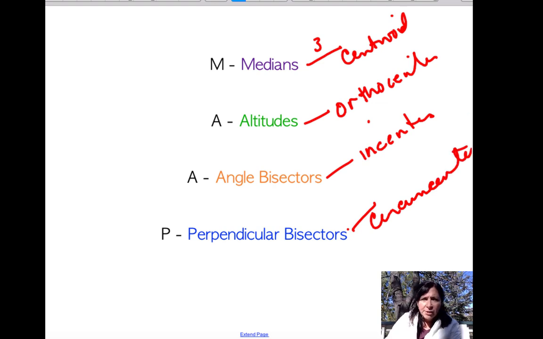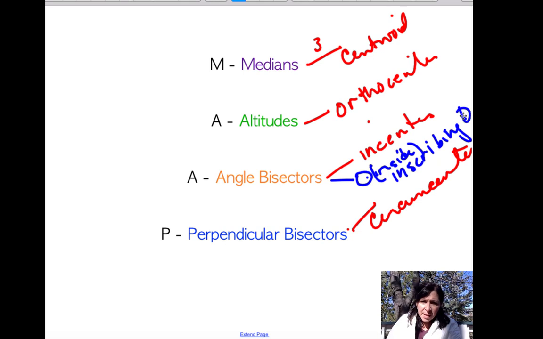And remember, with the incenter, I can also draw a circle inside, and we call that inscribing a circle. And then the circumcenter is where you have the center and you draw a circle.